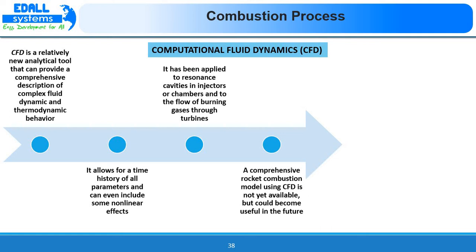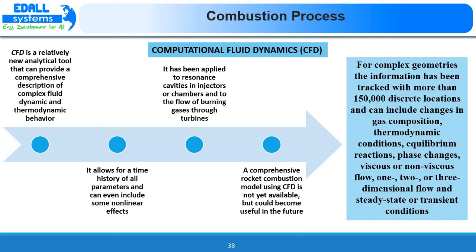A comprehensive rocket combustion model using CFD is not yet available but could become useful in the future. So slowly the trends are getting closer to CFD and more evolution is happening in this field. One day the complete model for modeling a rocket engine will be available, which will be very useful in future.